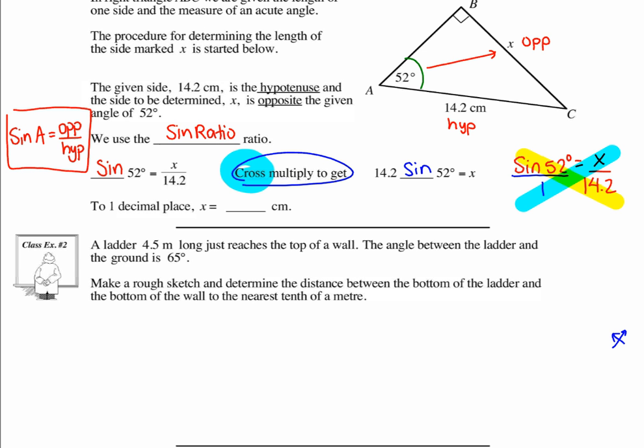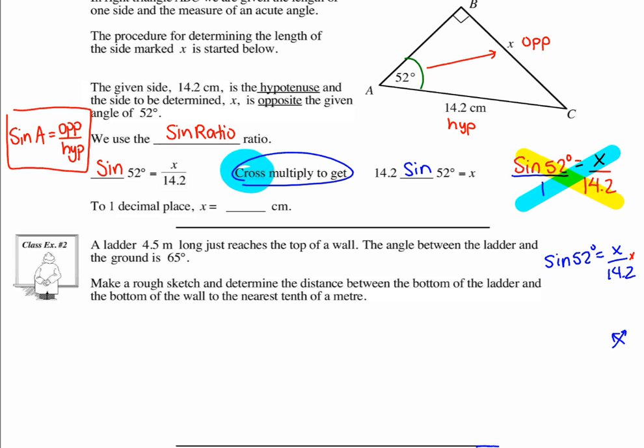Okay, the other way you can think about it, which is probably better, especially if you're planning to go into physics next year, you really need to know how to manipulate a formula. So in that concept, we're isolating x, and so we need to get x by itself. So what's the opposite operation?